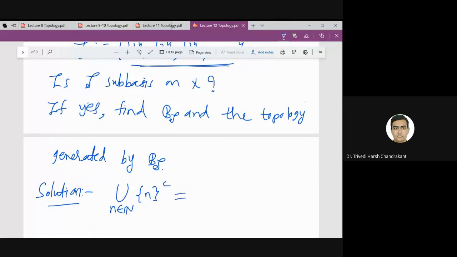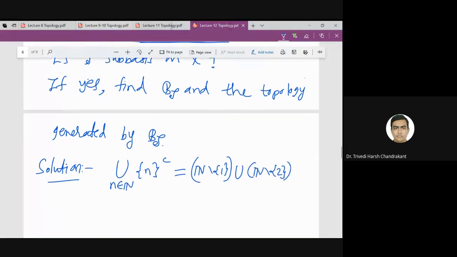The complement of 1 is N minus 1, this is the first set, union the complement of 2, union, and so on.